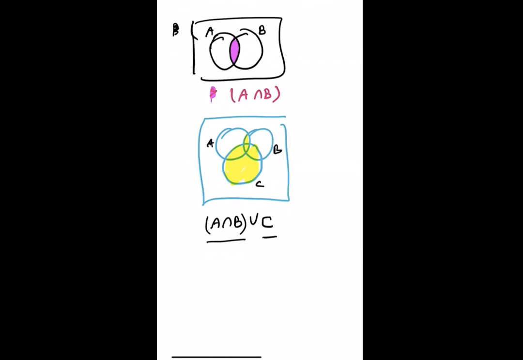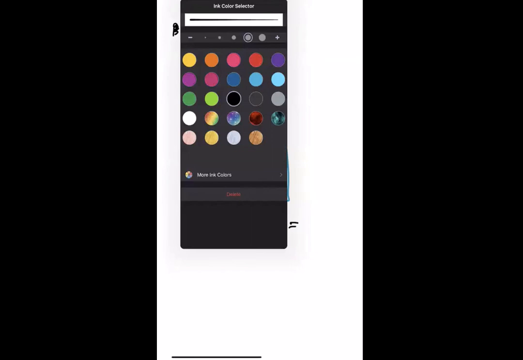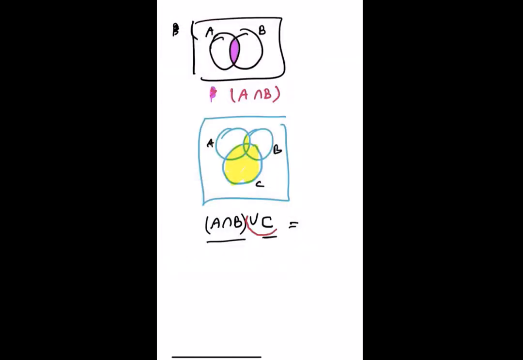Now, what is the other way for me to read this? Based on the formula that we just talked about, how else can you write this? Oh, you can distribute it.